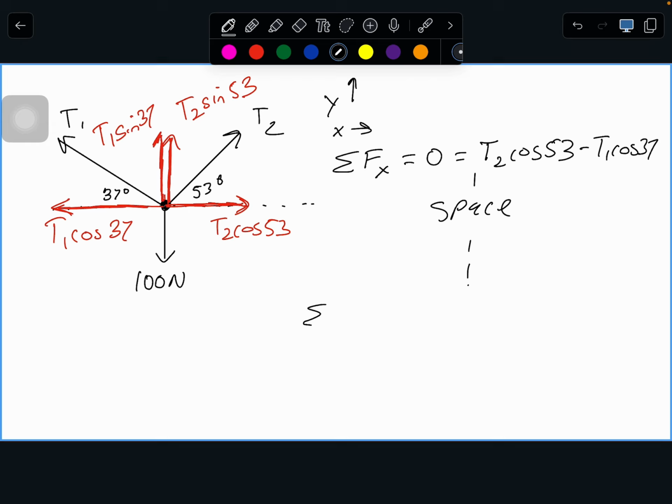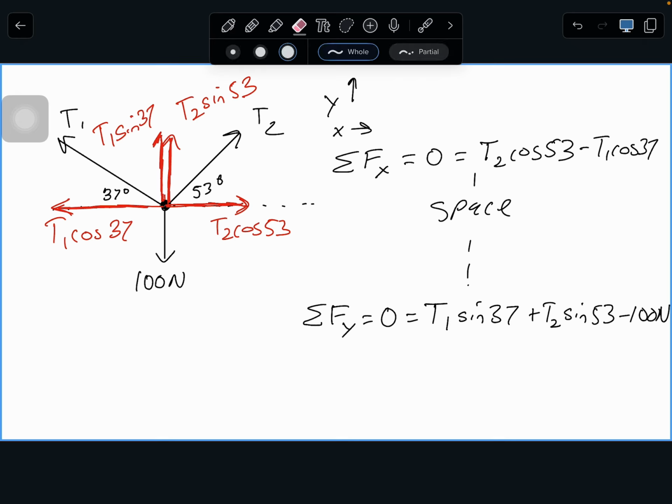Okay, sum of forces in my y direction equals 0. Now going upwards, we have T1 sine of 37 plus T2 sine of 53 minus 100 newtons. All right. Now I left that space. Hopefully you didn't leave a space like I did, because, oops, what did I just do?